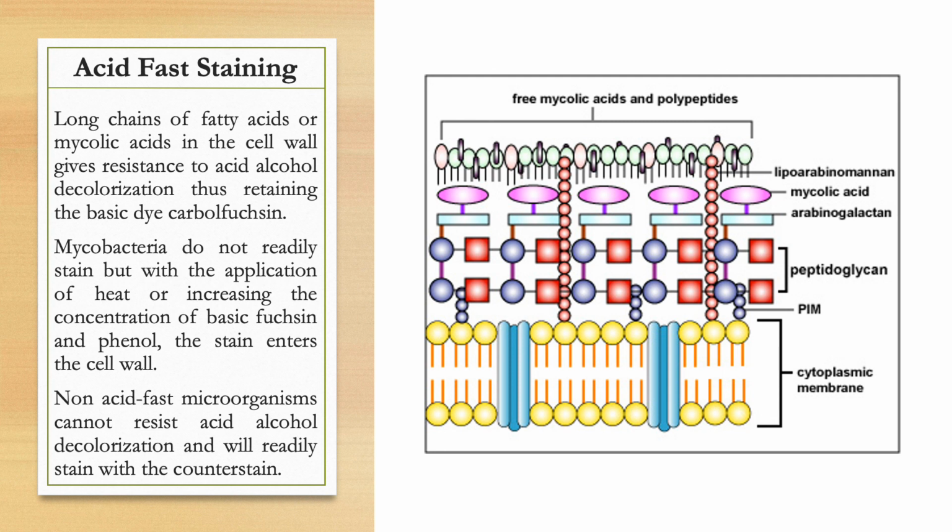The next thing we'll be discussing is acid-fast staining, right? We classify bacteria as acid-fast when they have long chains of fatty acids or mycolic acids in the cell wall. This gives them resistance to acid alcohol decolorization, thus retaining the basic dye, which in this case is carbofuchsine.